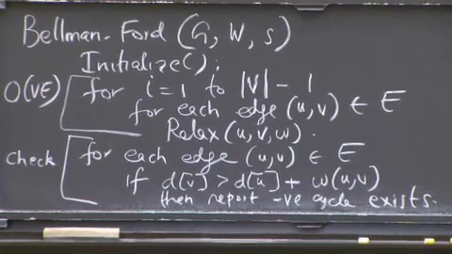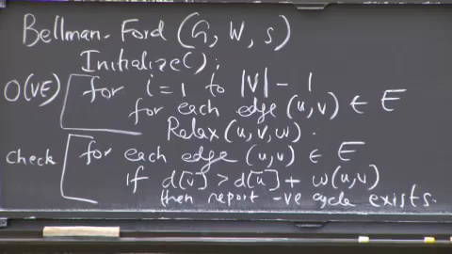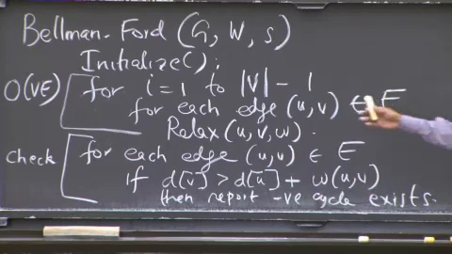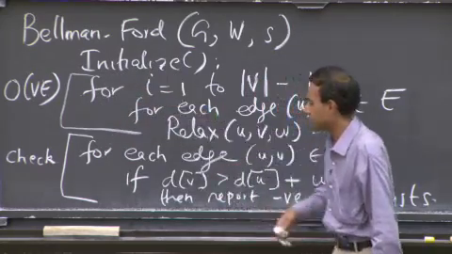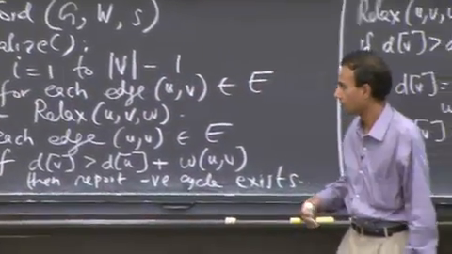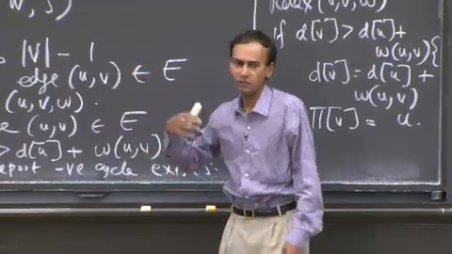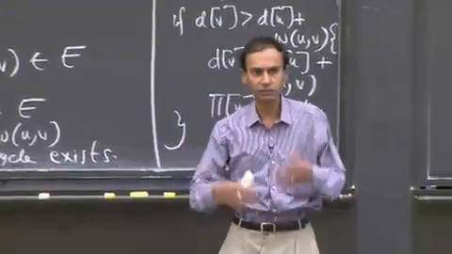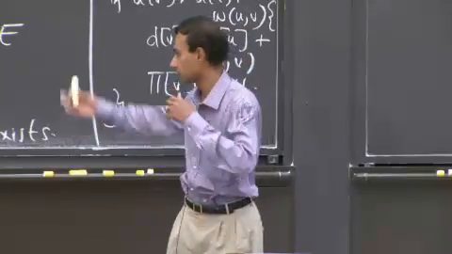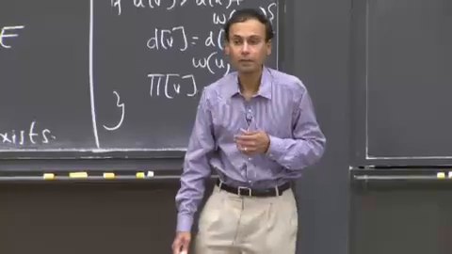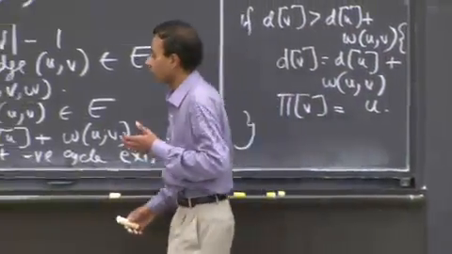You can get Dijkstra down to near linear complexity, but this would potentially, at least in terms of vertices, be a cubic complexity. So when you have a chance, you want to use Dijkstra, and if you're forced to use Bellman-Ford because you could potentially have negative weight cycles, well, you're stuck with that. All right?